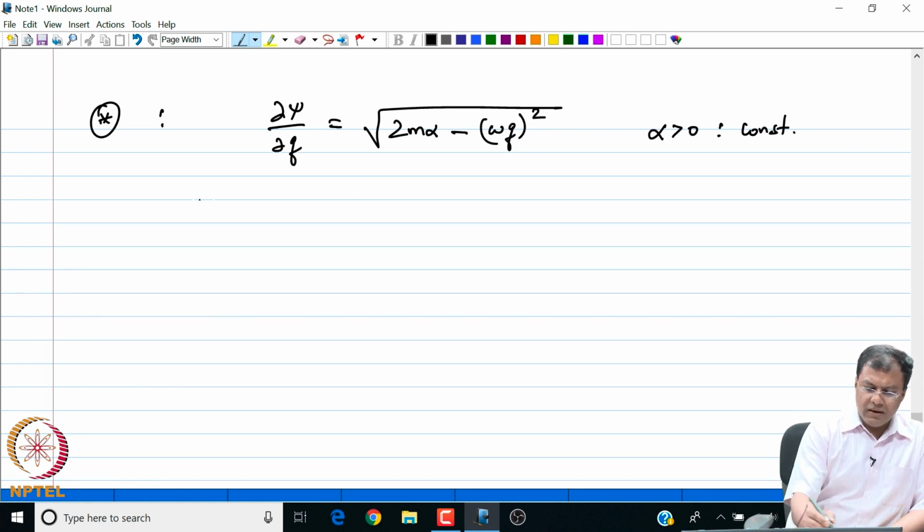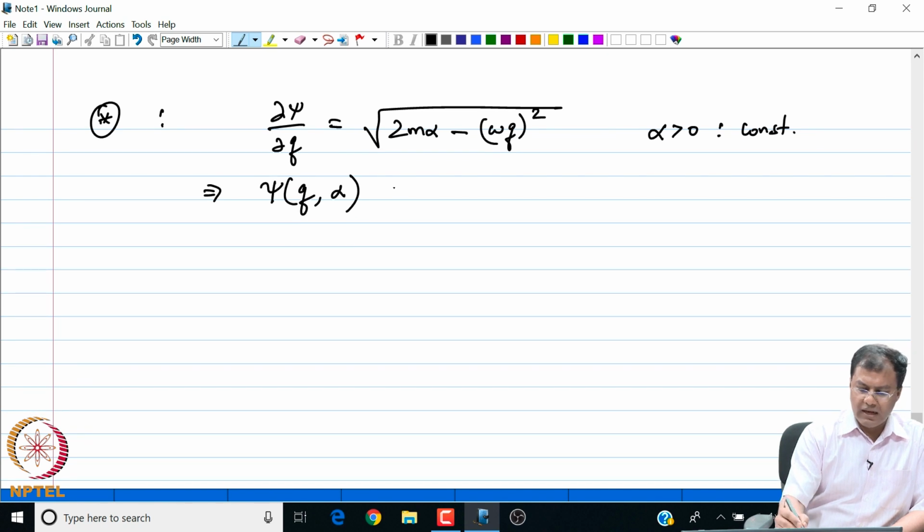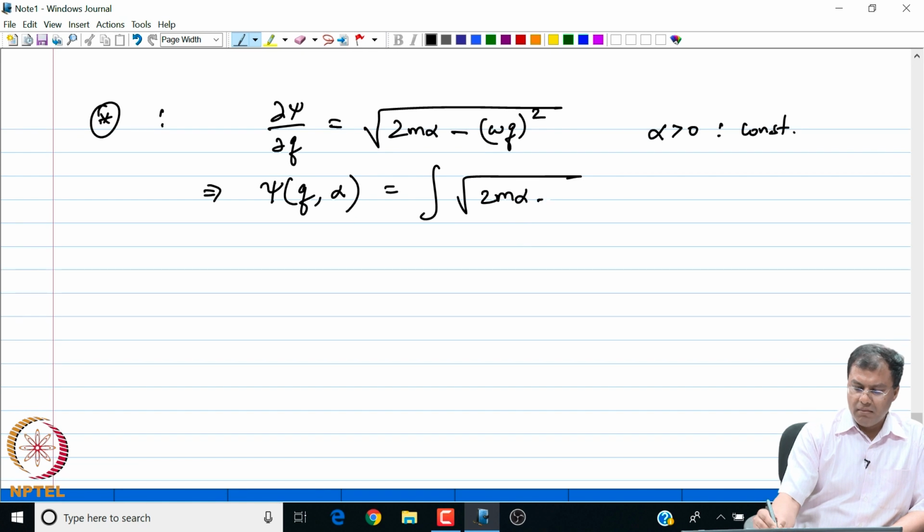And then the next step involves integrating this equation. So, psi of q bar comma alpha, well, it won't be q bar because this is a 1D problem. So, psi of q comma alpha is the integral of square root of 2m times (alpha minus omega square q square) dq plus the constant of integration.